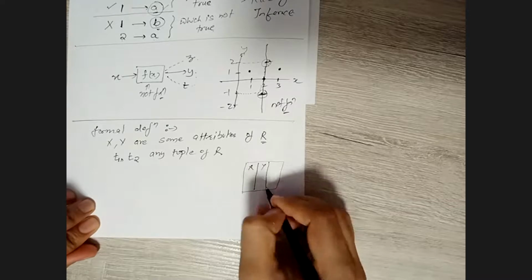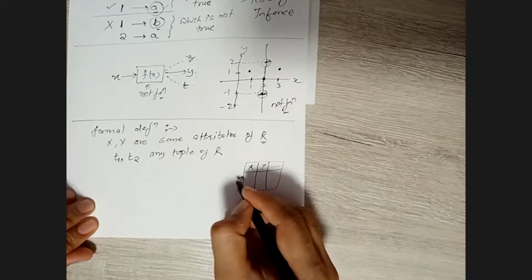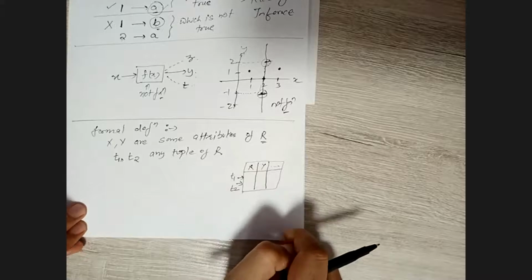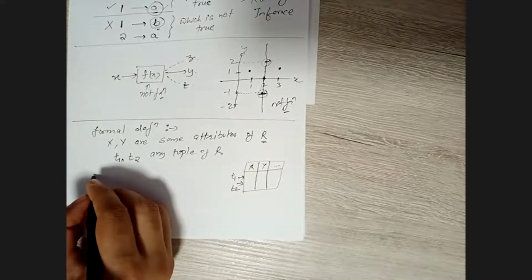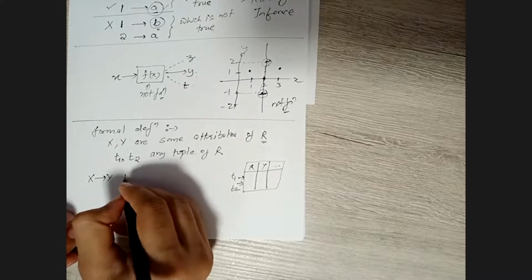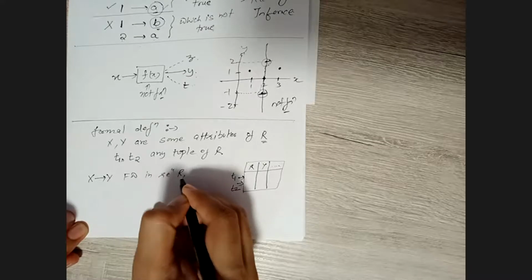We can have other attributes as well, right? These tuples are represented by T1 and T2, two imaginary tuples pointing to any two records of relation R. Now I'm saying that X determines Y. This is an FD in relation R, right?